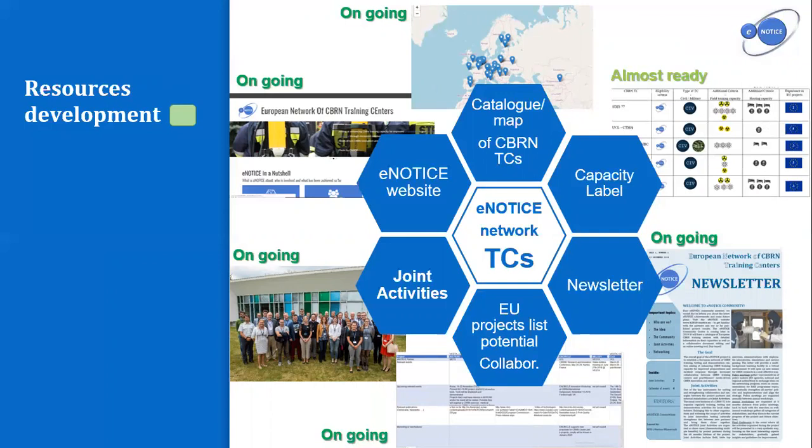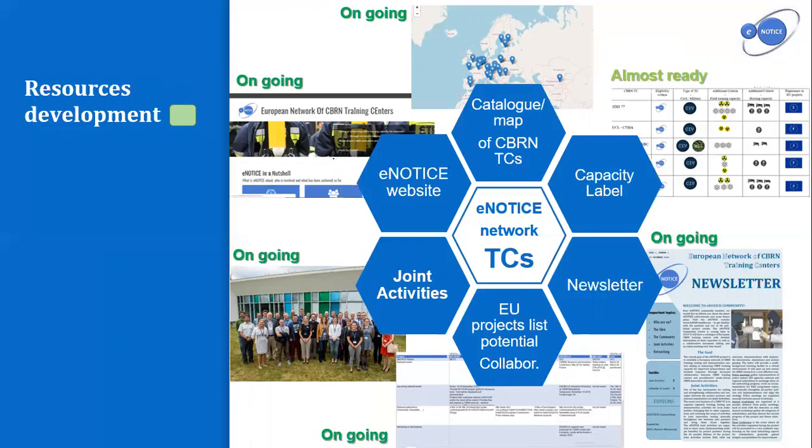So here you can see, first of all, the eNOTICE website that is already online. You can find it with a very simple search on Google. I think it's the first result, but of course I will give you the link in the next slide.